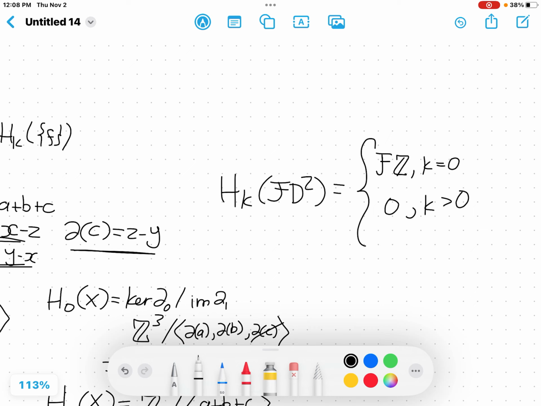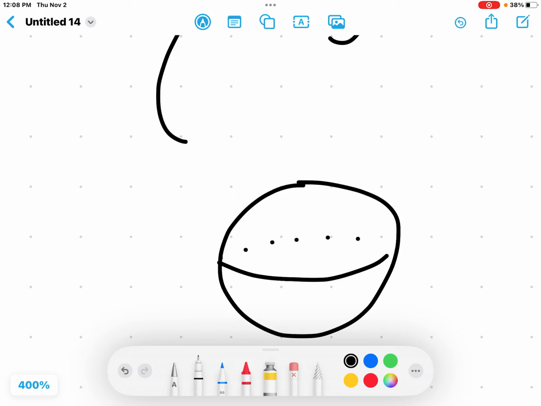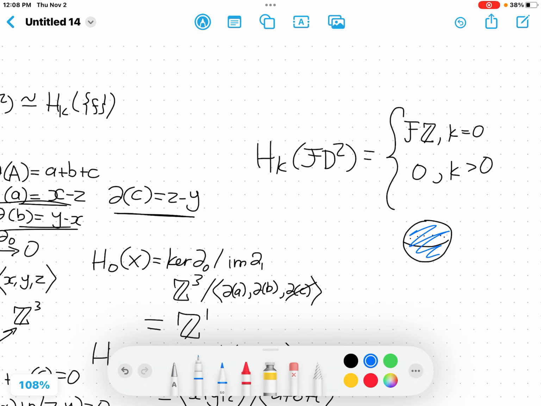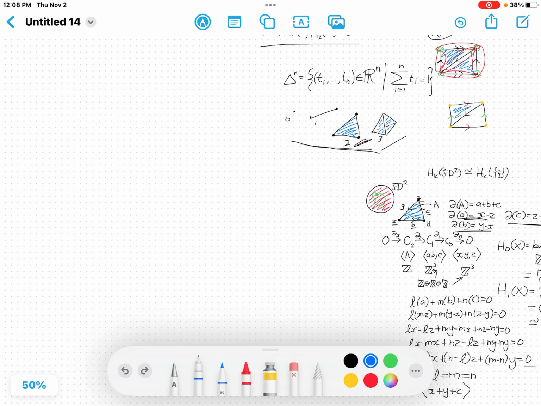If I consider a ball, this is a sphere, but if I consider the volume inside of it, a ball, it's contractible to a point, so it would have the same homology group as FD2 over here. Okay, so now let's move on to the sphere.